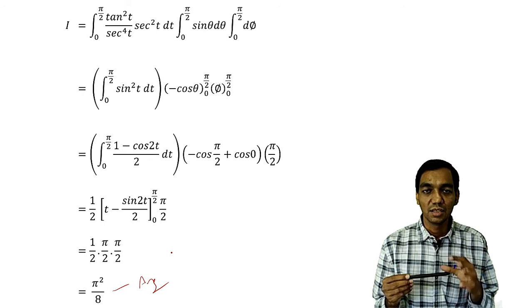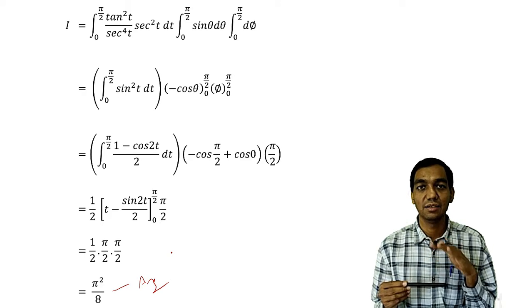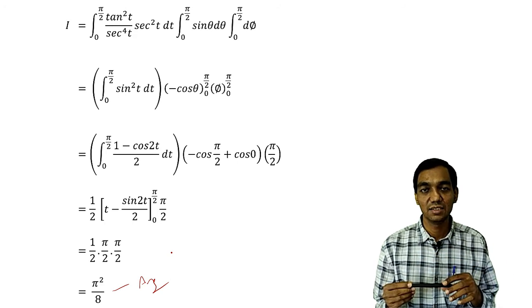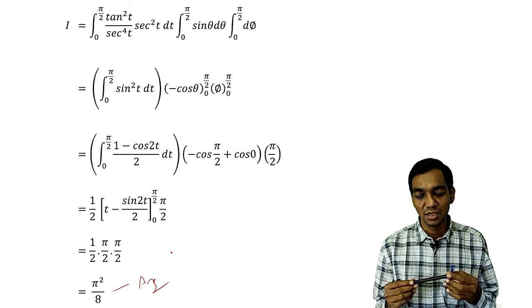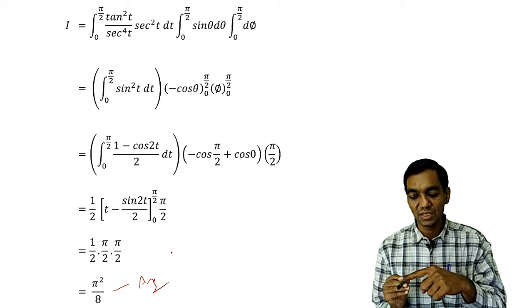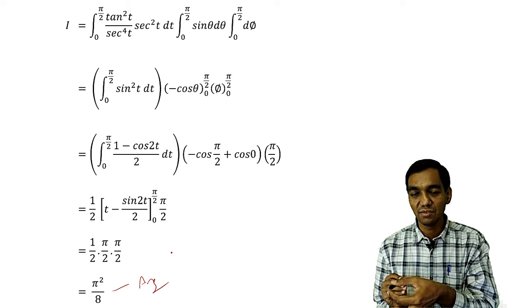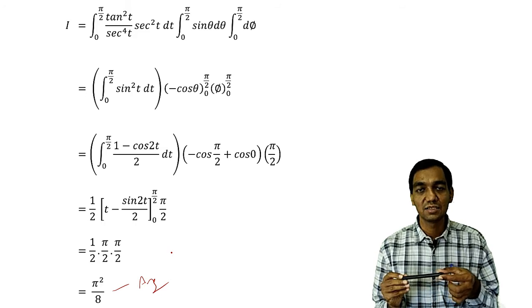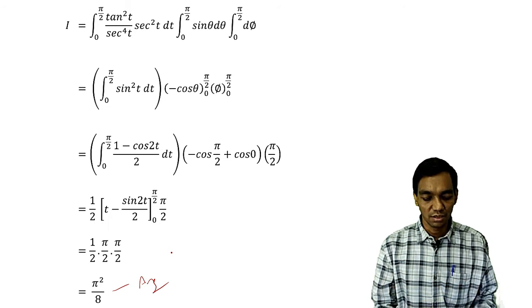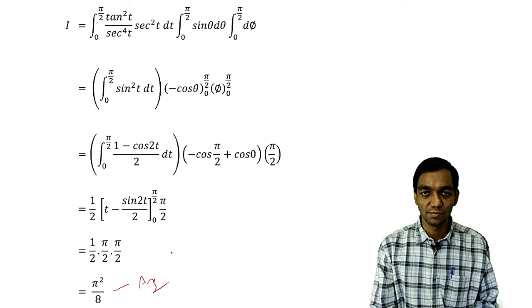And third, phi is the angle with the positive x-axis of the projection of the radius vector. That means in the xy plane, the angle with the positive x-axis is called phi, and it is the angle of a projection.